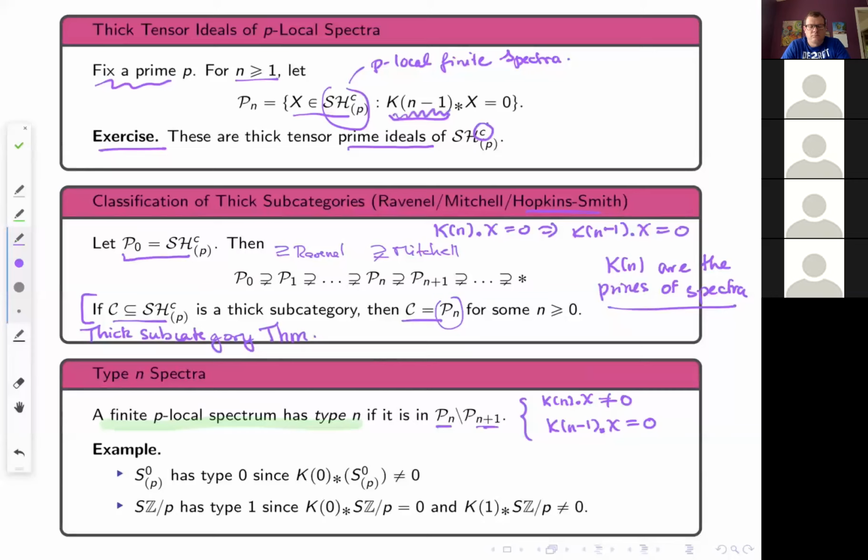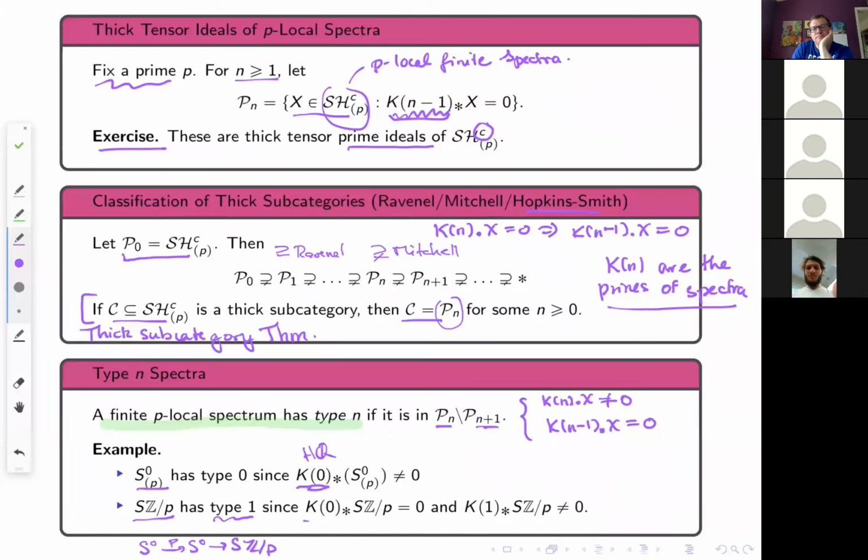All right, so examples: S naught P, the p-local sphere, has type 0. K naught star is HQ, rationalization, which is not 0; it has non-zero homotopy in pi naught. Then S mod P, which is the cofiber of the multiplication by P map, has type 1.